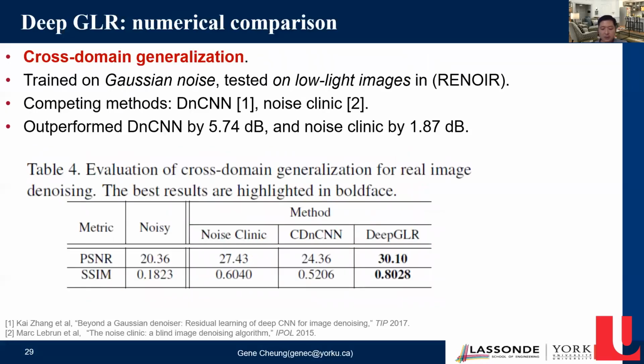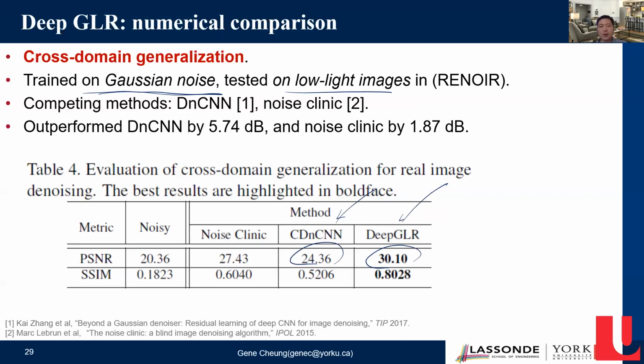Now, when you're training on Gaussian noise and then testing on low light images, so there's a mismatch in statistics between your training data and your testing data, you can see that our approach is much more robust. You can see the PSNR numbers that we have compared to DnCNN are significantly better.